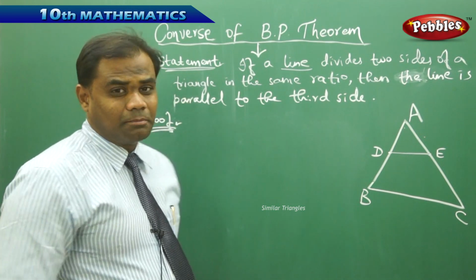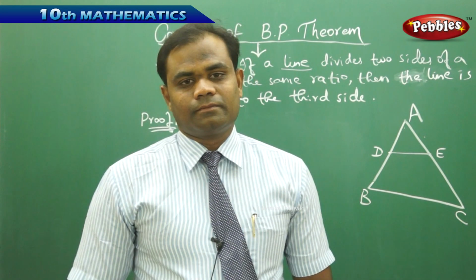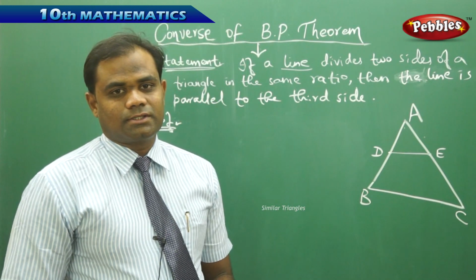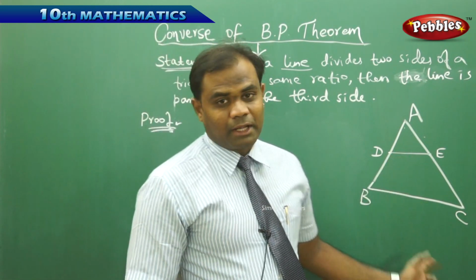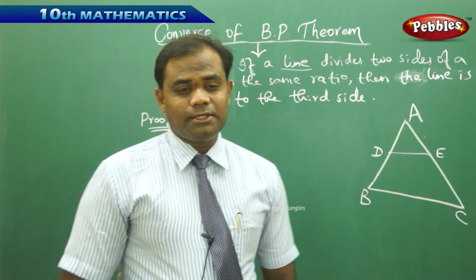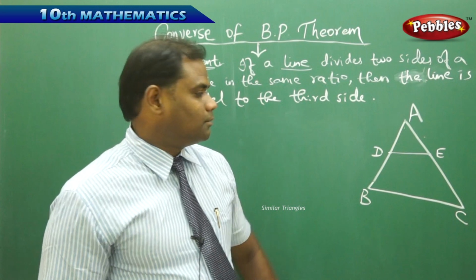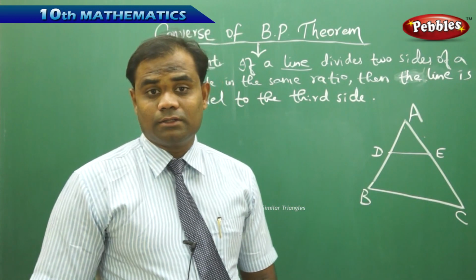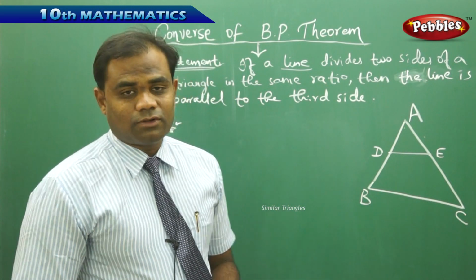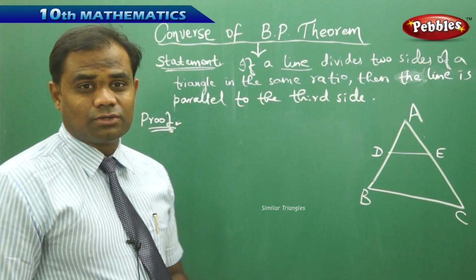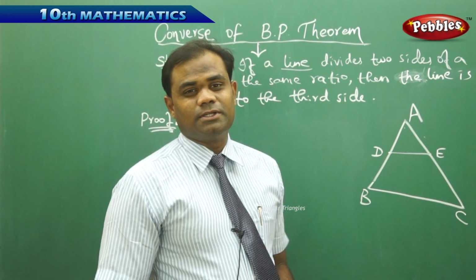Now in this case, the proof is by contradiction. Proof by contradiction in the sense, because I need to prove that DE is parallel to BC, I assume that DE is not parallel to BC, then I come to a case where finally I prove that DE is parallel to BC. So in case of proof by contradiction, let me assume that DE is not parallel to BC.